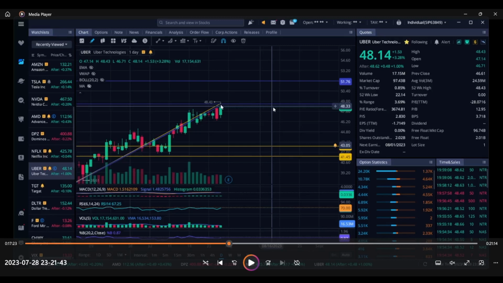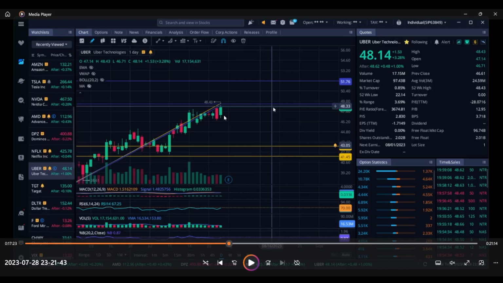Look at this candlestick. 48.43 is the highest that this candle went in the whole day. The bottom of the wick is the lowest price it was all day, right? You follow? Let me know if you follow.